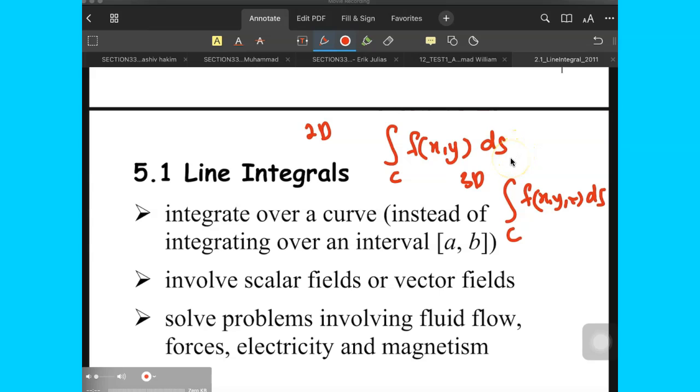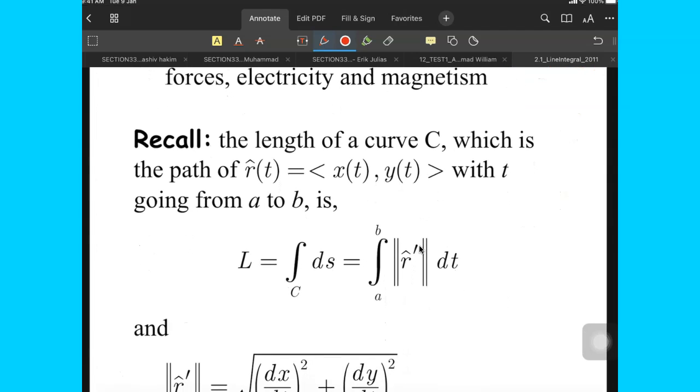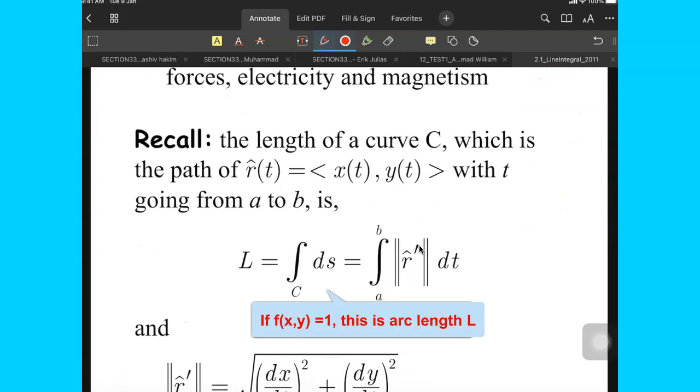So you have to have the formula to convert the information provided into the ds. When we recall the lesson that you learned in Methods 1, I suppose, there is a topic on arc length, if I'm not mistaken.